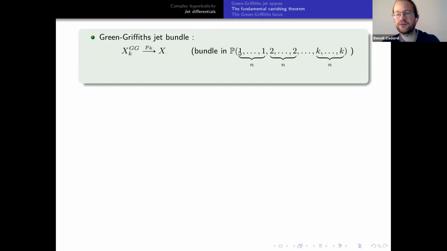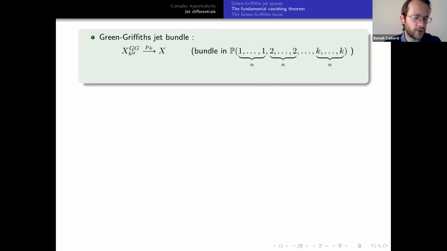Actually, you have weights 1, 2, 3 up to k that appear in this fiber, and each one appears n times. So you have nk here, which was the dimension of your fiber. So this is a singular space.